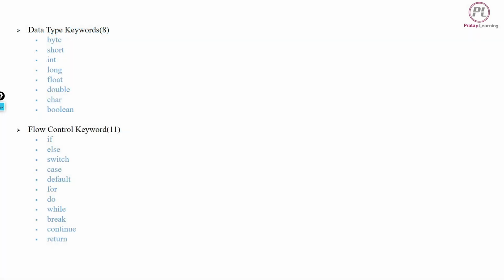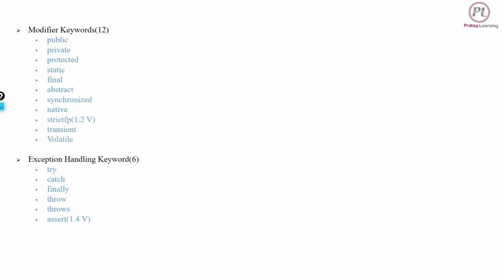Here we can see different types of keywords, like data type keywords, which we will also discuss in detail in the next session. Next is flow control keywords, which, as the name says, control the flow of our code. Next is modifier keywords, which basically define the access of something where we are using it in our code.